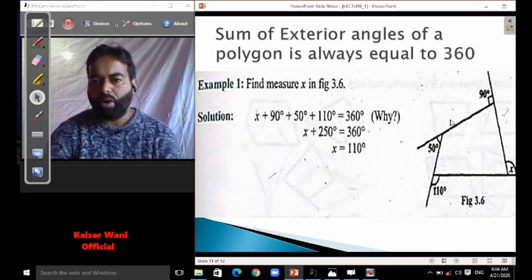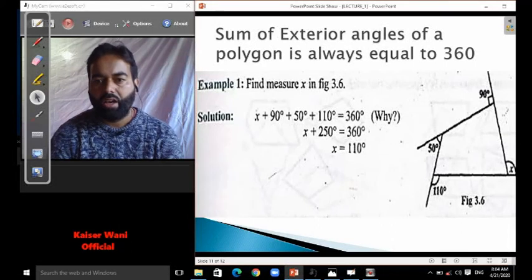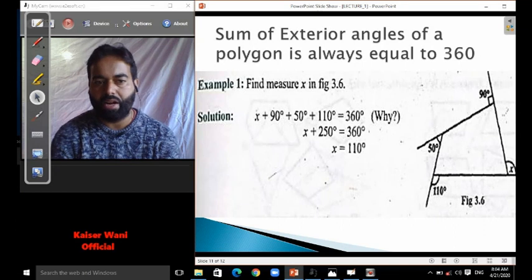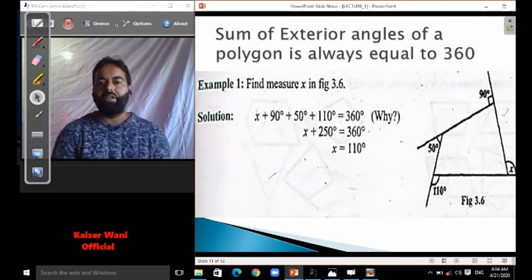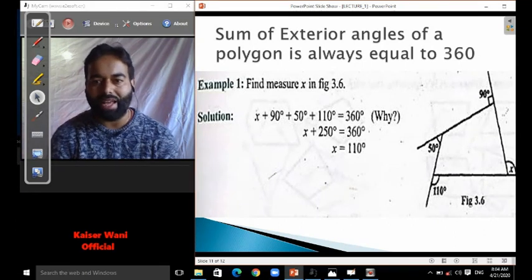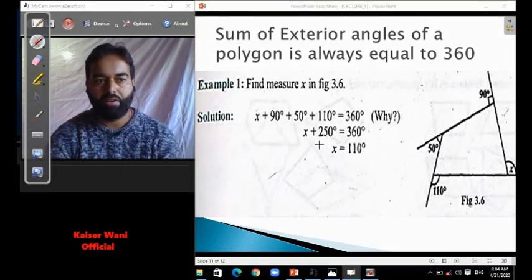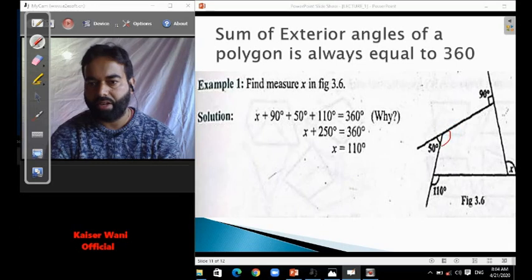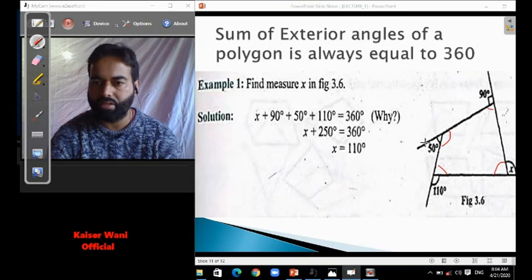If we have any polygon, whether triangle or quadrilateral, no doubt the sum of interior angles we can calculate by the formula: number of sides minus 2, into 180. But what about the exterior angles? These are the interior angles. If we extend this line segment, we will get an exterior angle.